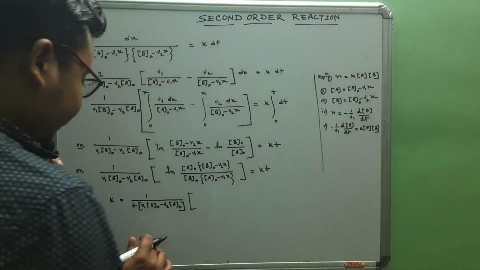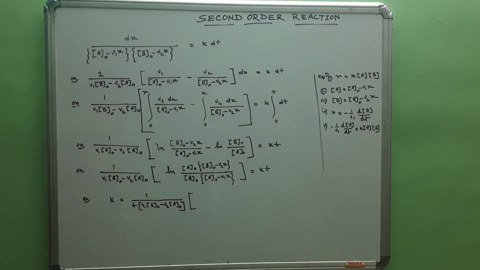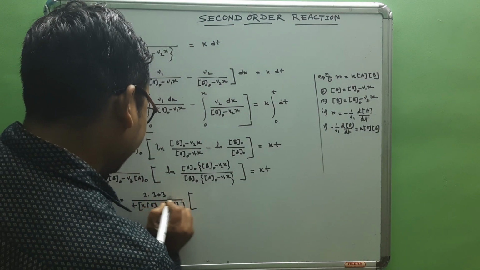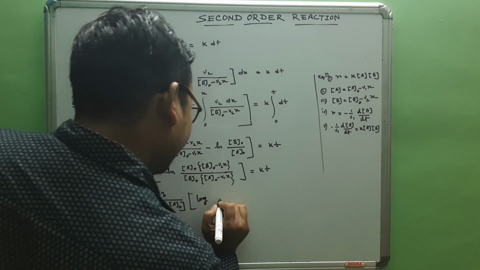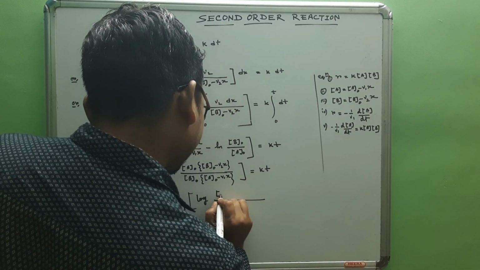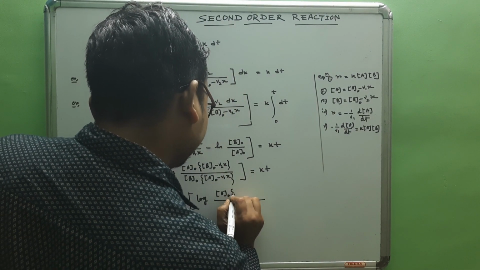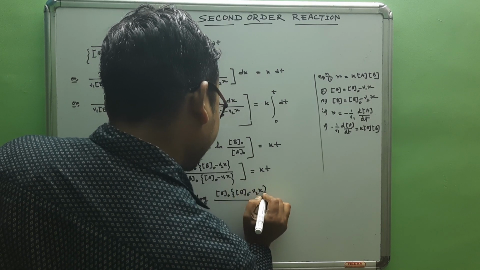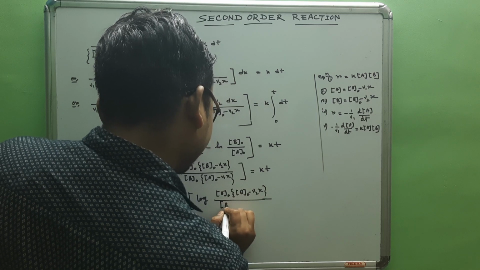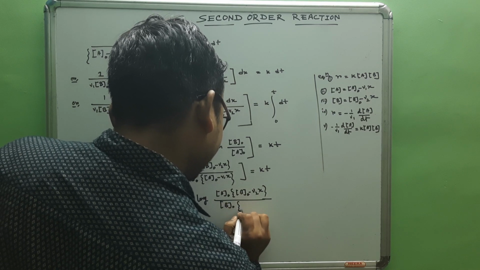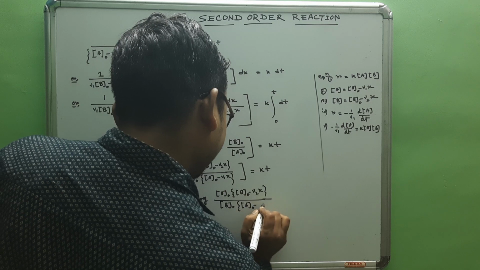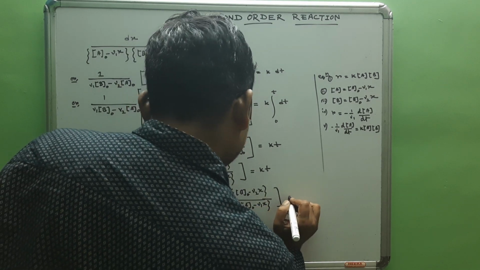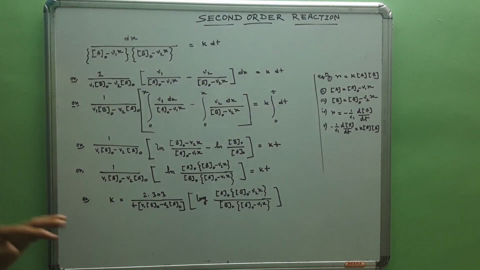It gives 2.303 log of this a0 into b0 minus nu 2x, so this is our final form. This is our final form.